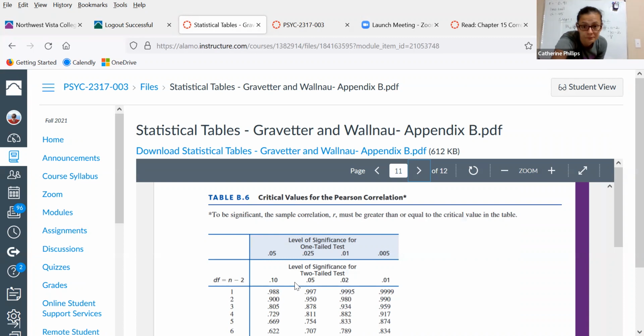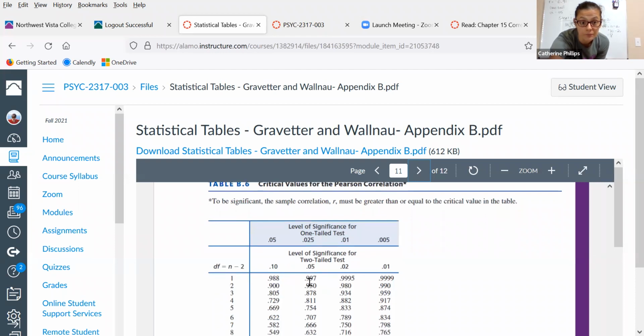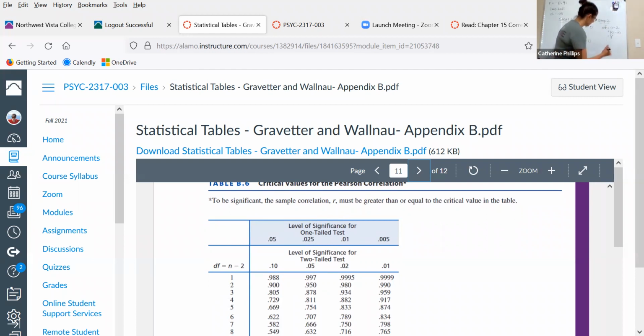When we're looking here, we look at level of significance for a two-tailed test, because that's what our question asked for, an alpha of 0.05. And we go down, and this table even has the degrees of freedom formula here for you. We have 8 degrees of freedom. And so we go over, and our critical values, because it's a plus or minus, because it's two-tailed, is 0.632.